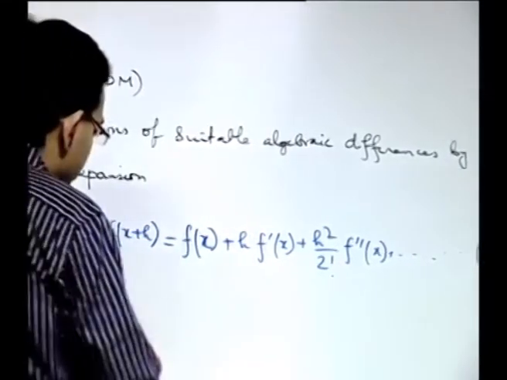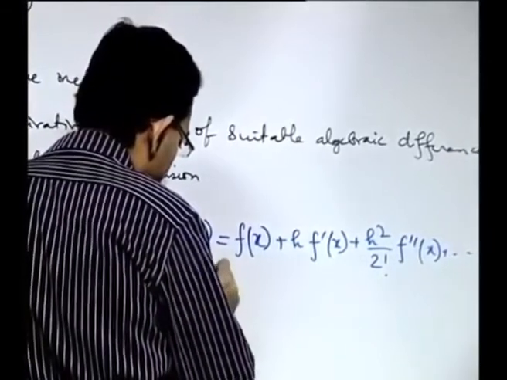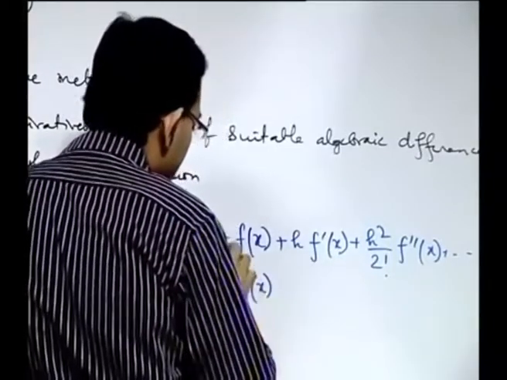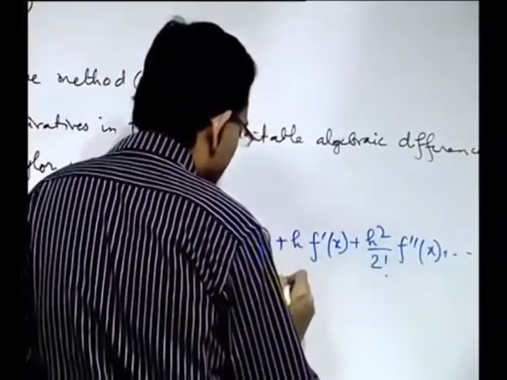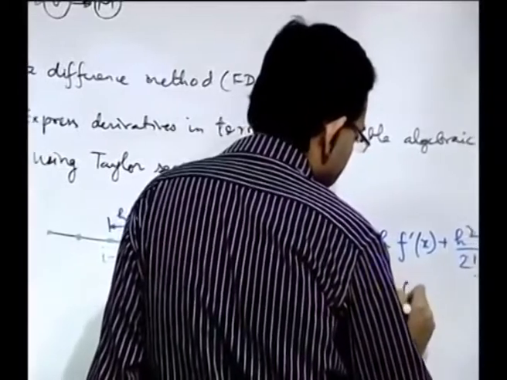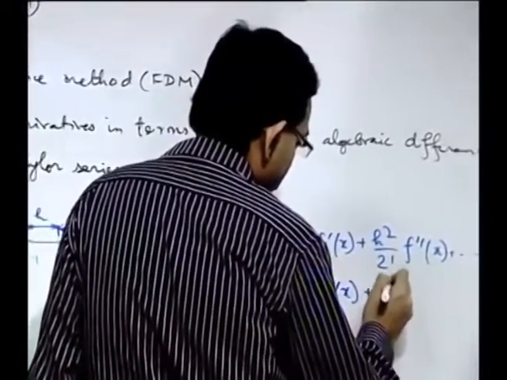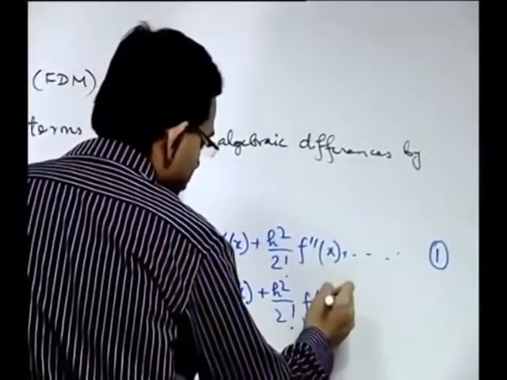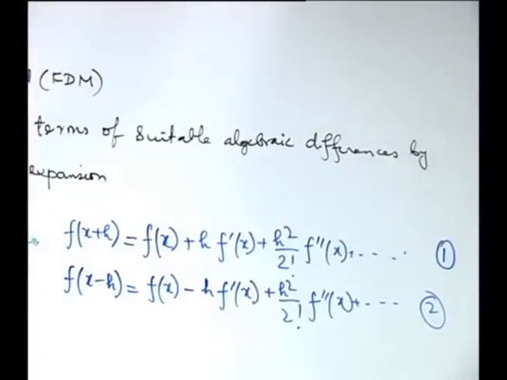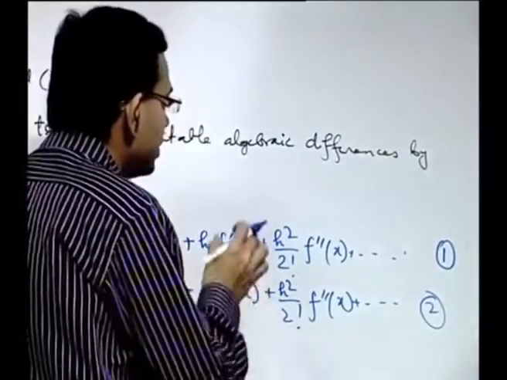Similarly, you could also write f x minus h is equal to f x, replace h with minus h. So this is by keeping the point I minus 1 in mind. Now let us say that we are interested about an algebraic expression for f dash x.